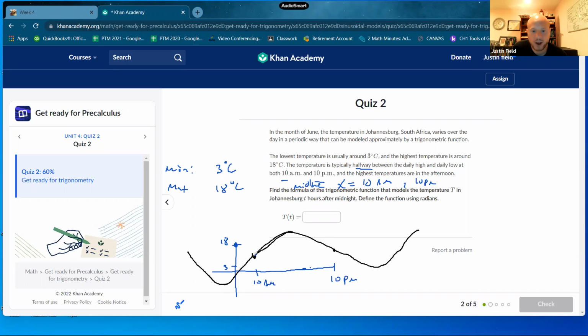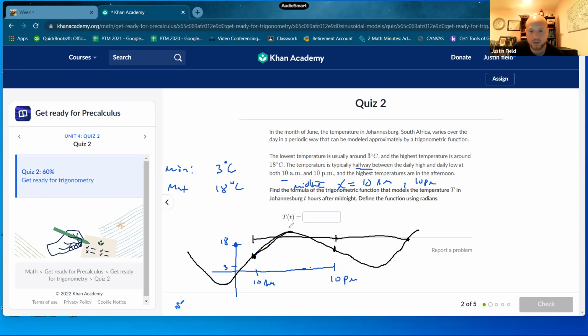Okay, but anyway, where it goes right from the midline to the midline, that is the, oh, I was going to say that's the period, but now I'm thinking that is half the period. That's the period, isn't it? So that's the afternoon. Okay, so we know half the period is from 10 a.m.